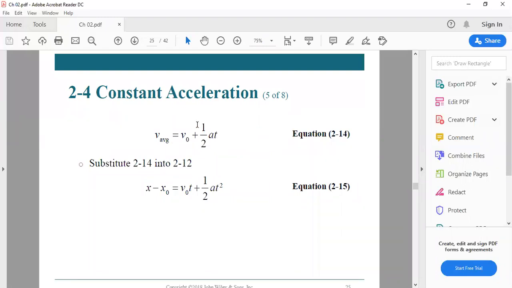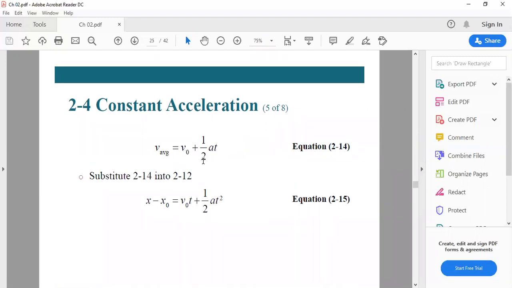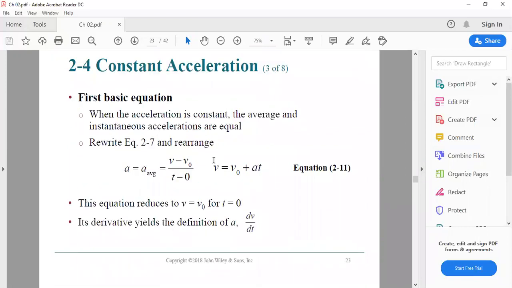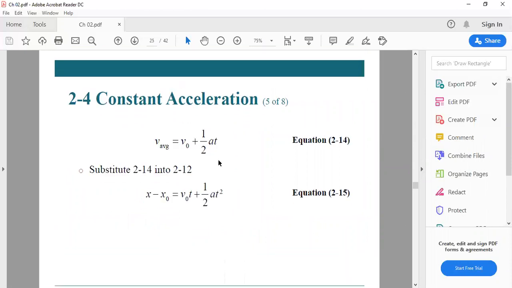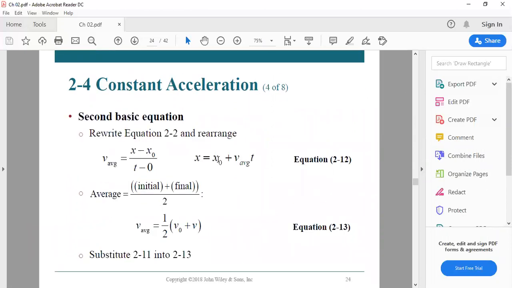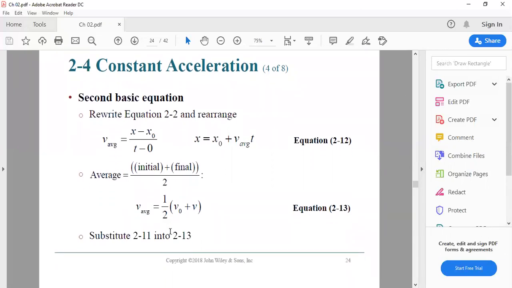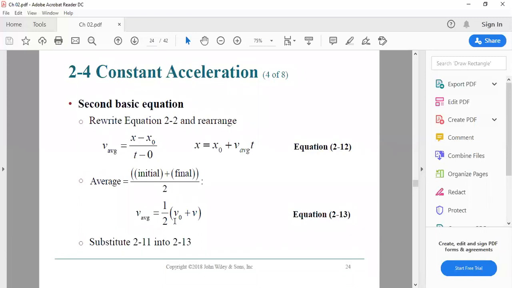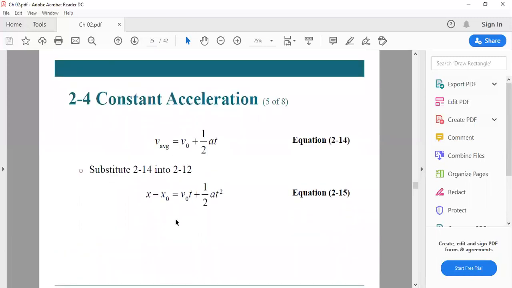So if you take this particular equation, v average is equal to v naught plus 1/2 at, which I believe is achieved. Let's see if we run across that here. The average. So v average is equal to v naught plus 1/2 at.